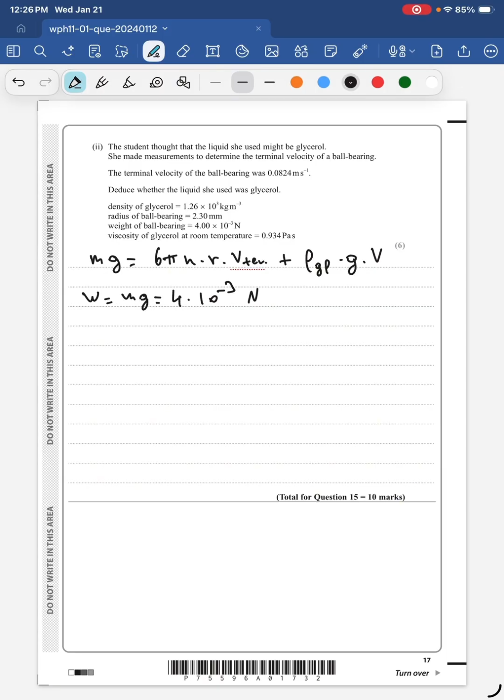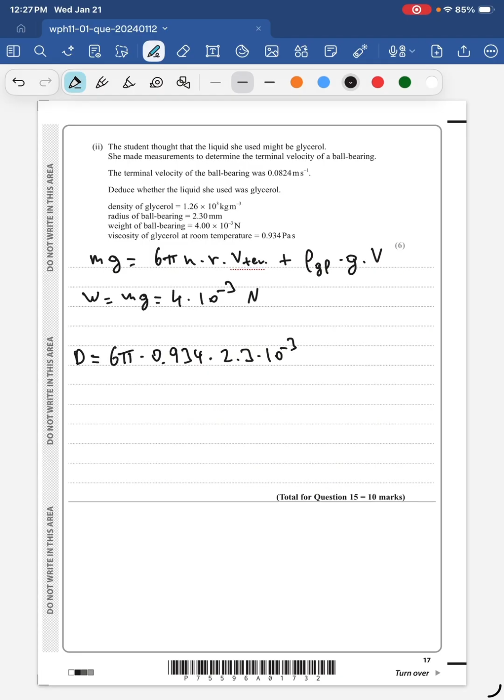The Stokes force, which is the drag force, let's call it D. D is 6 pi times the viscosity, which is 0.934, times the radius, which is 2.3 millimeters, so 2.3 times 10 to the negative 3 meters.